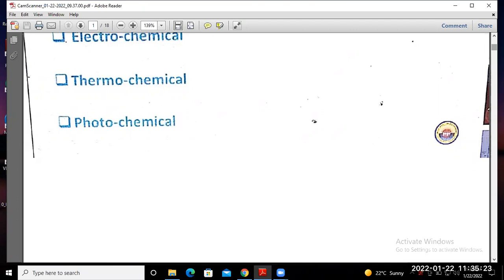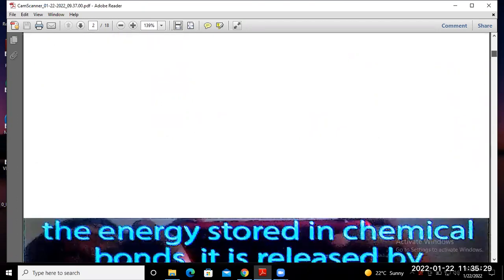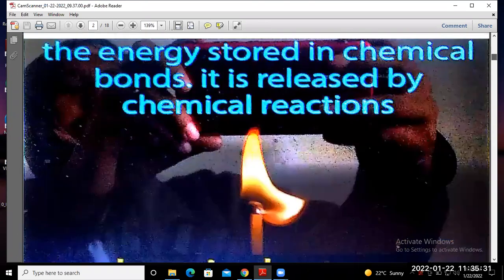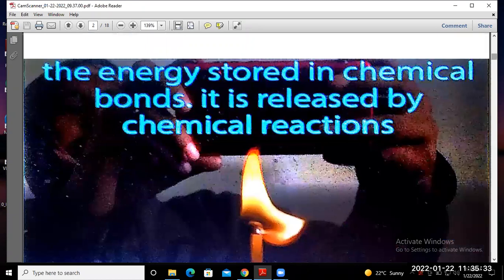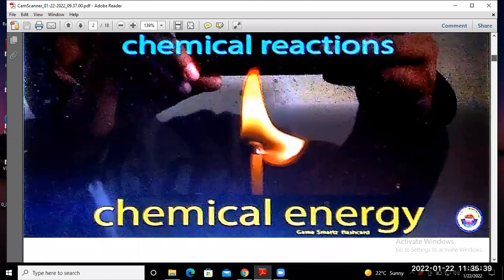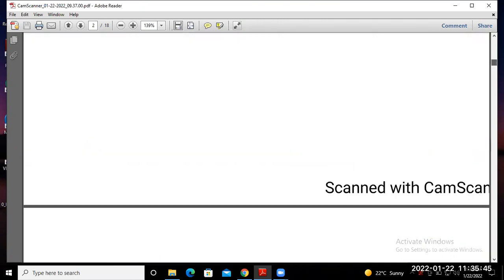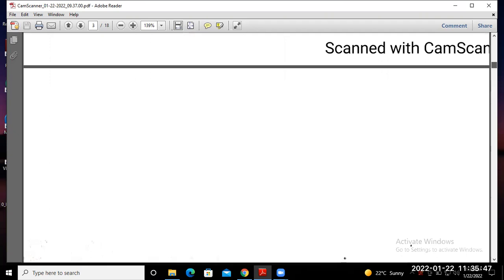Chemical energy storage system means the energy is stored in the chemical bond, and the chemical energy is released when the chemical reaction takes place.